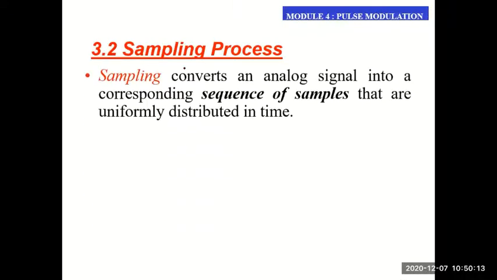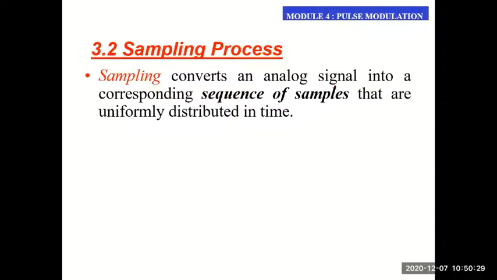Whenever we think of digitizing, we have to have a sampling circuit and a quantizing circuit. Here we are first discretizing, so a sampling process is necessary. Sampling converts an analog signal into a corresponding sequence of samples which are uniformly distributed in time.